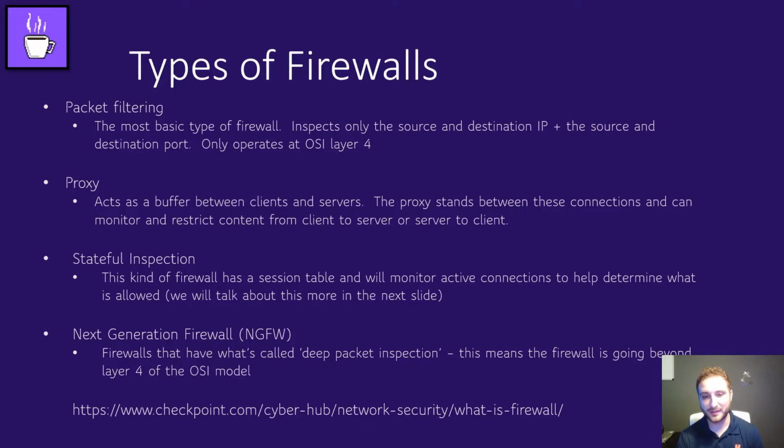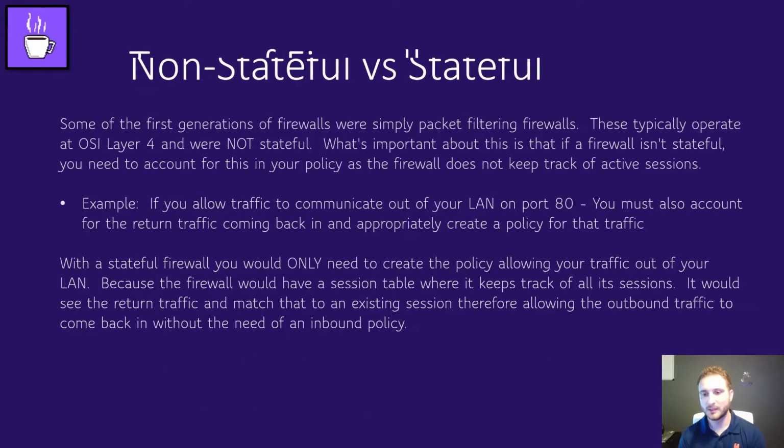So these firewalls have what's called deep packet inspection, and this means that the firewall is going beyond layer 4 of the OSI model. It's going to actually inspect the payload and try to find or identify applications, identify malicious content or anything that it can, and try to use that as an additional criteria when it's matching via a policy.